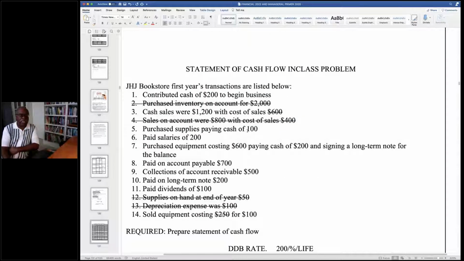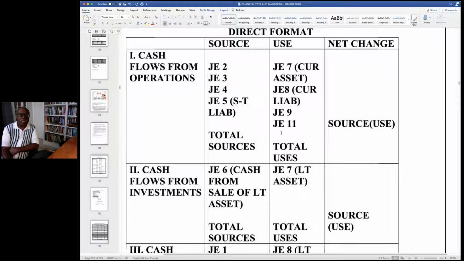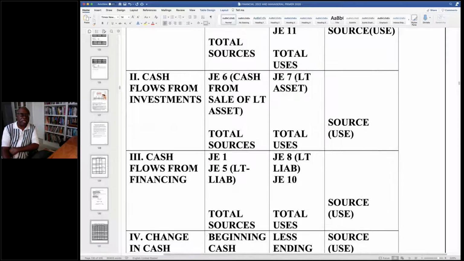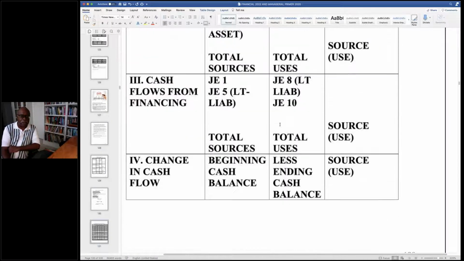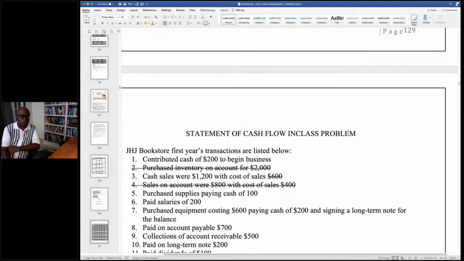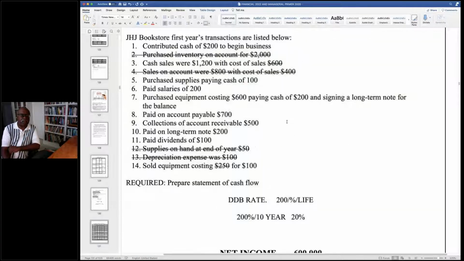Purchase supplies, paying cash, 100. That's going to be what? A type 7. We're purchasing a current asset. So that comes current assets, current liabilities. They're all in operations in the top part. So that's supplies, 100.